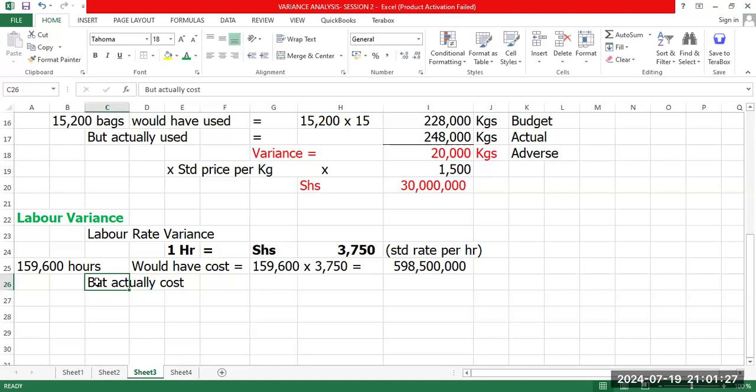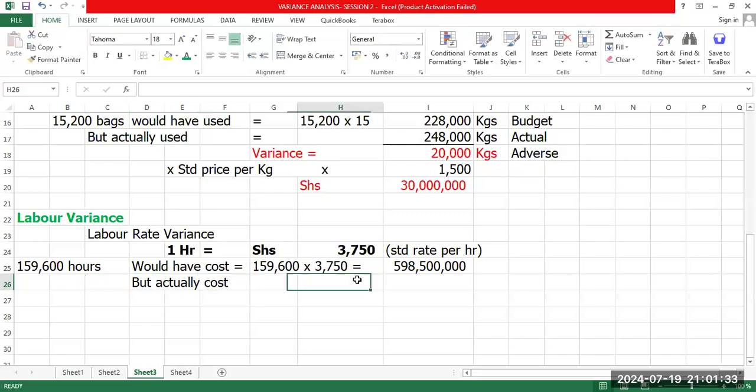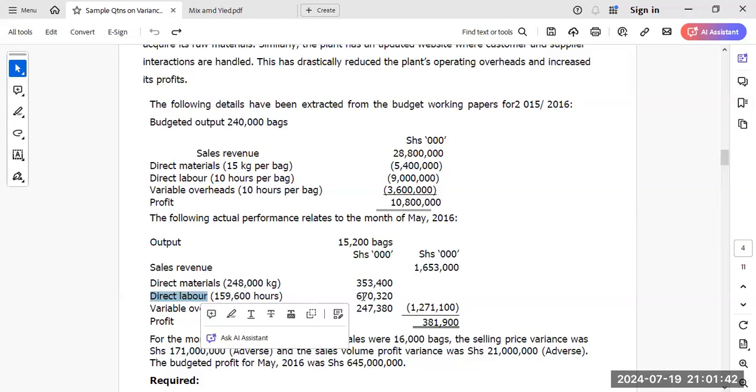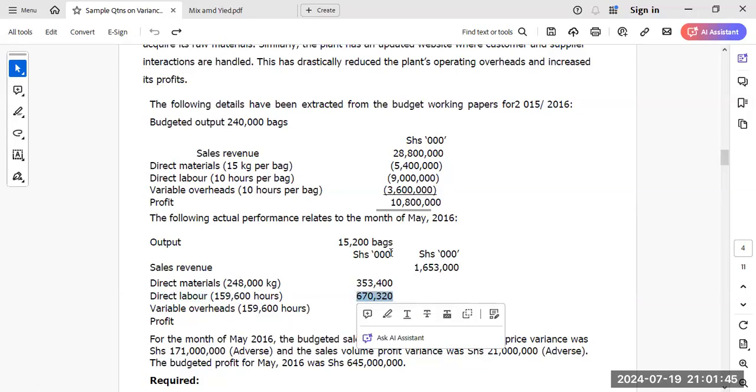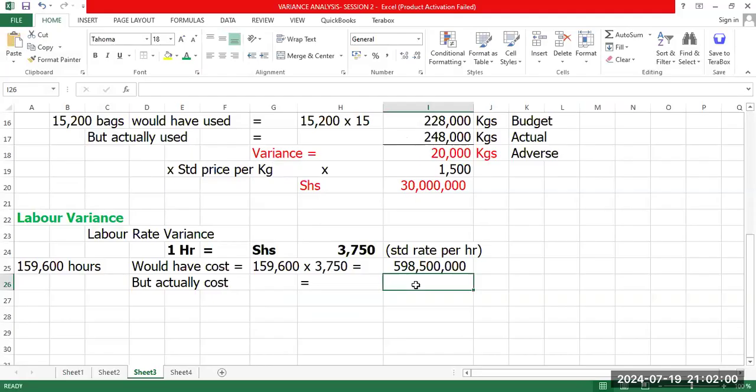But actually cost how much? When you checked our data, but actually cost direct labor. Direct labor, this is the cost. Remember, it is in 1,000. So we write this and add 3 zeros. So this is like your budgeted.